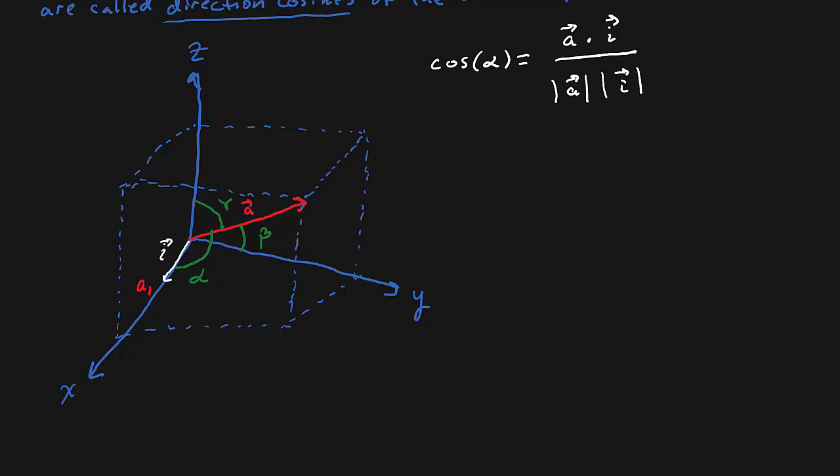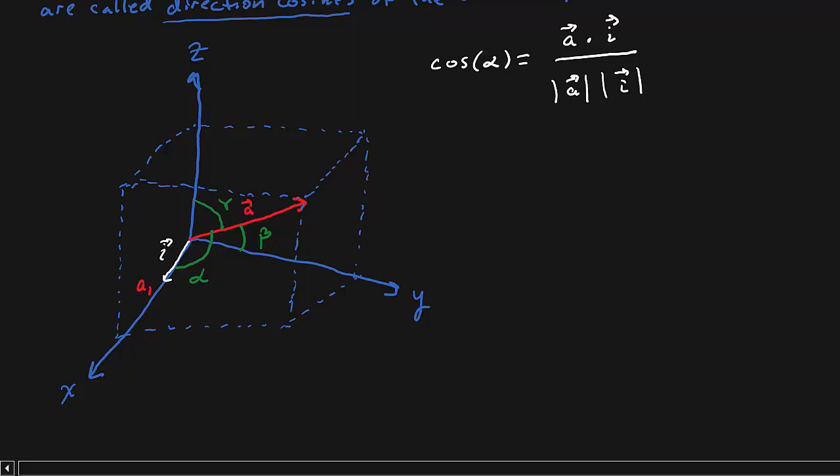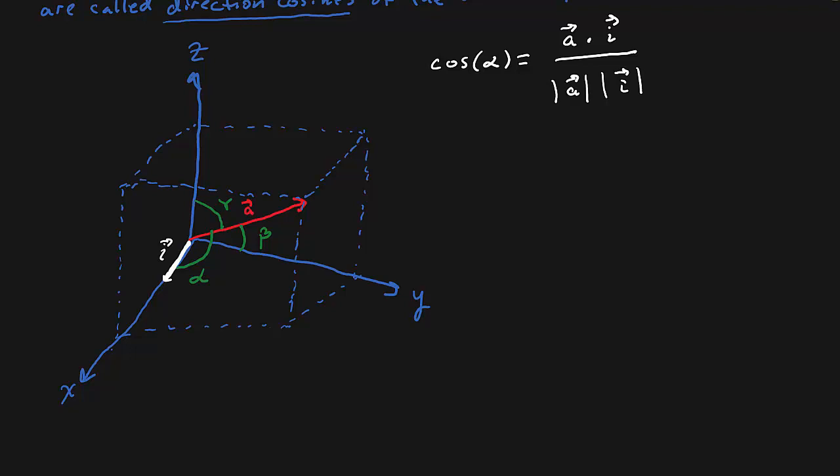One thing I want to say here is this length, vector A. I don't need to call it anything.